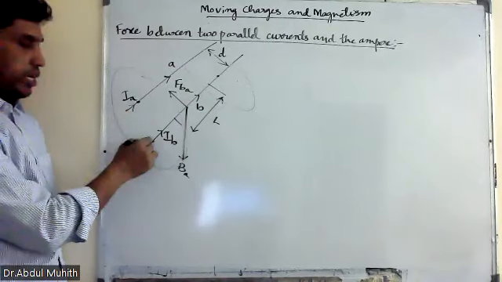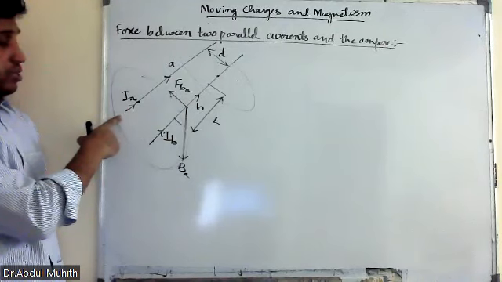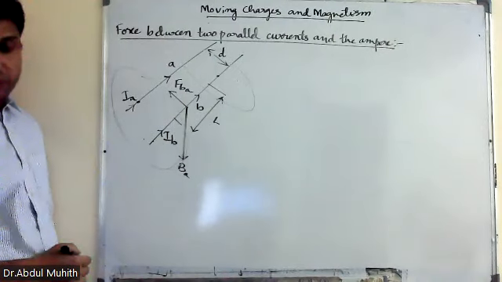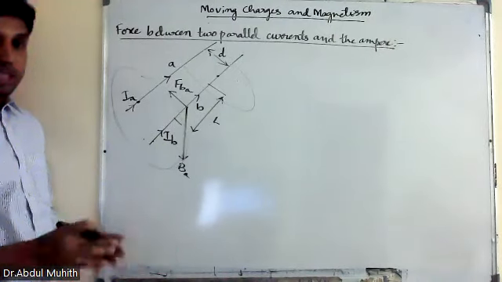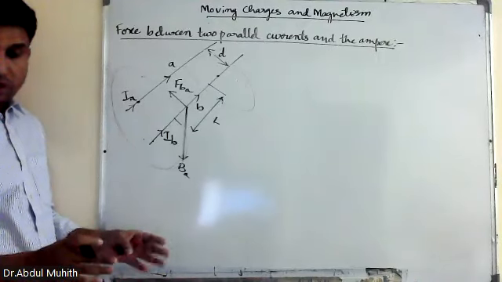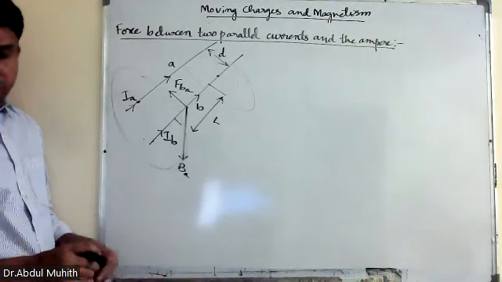The second wire falls under the magnetic field produced by the first wire, and the first wire falls under the magnetic field produced by the second wire. So both wires are experiencing forces, maybe repulsive or attractive. We will discuss what type of forces.